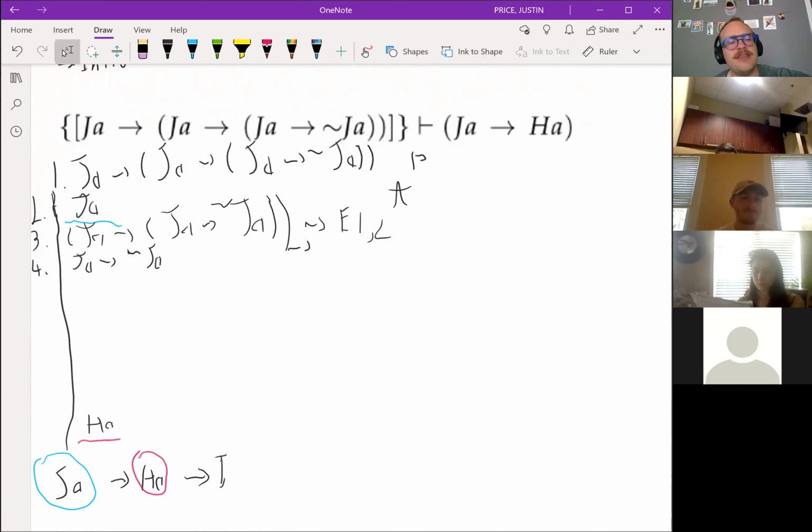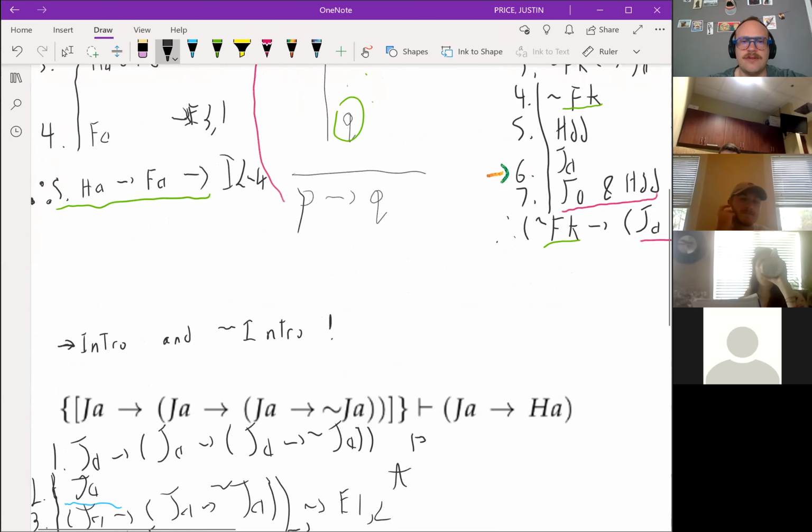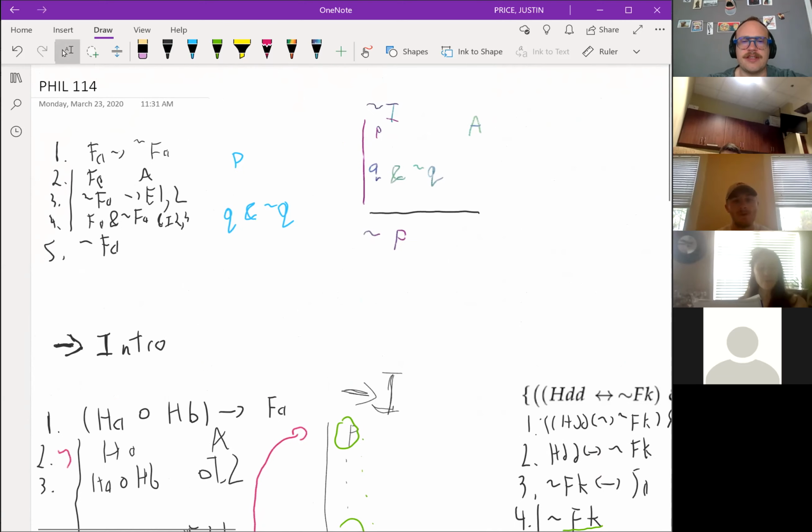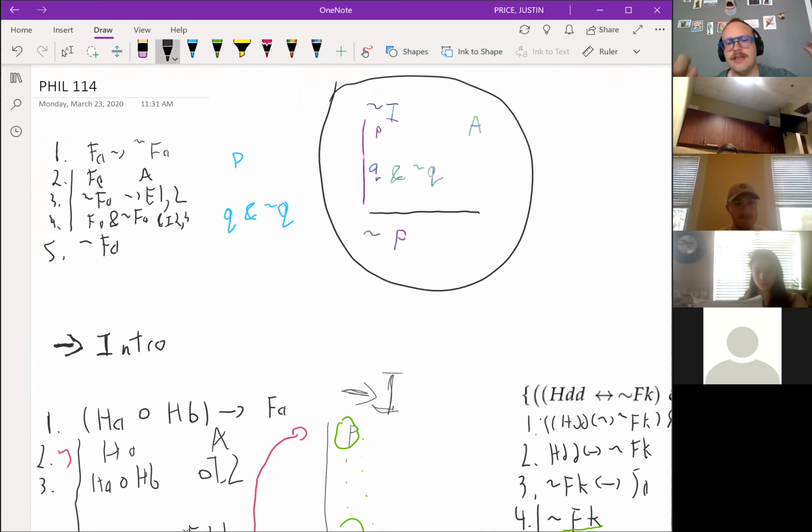One thing you should pay attention to is that now we have our negation introduction rule that looks like this. Anytime you can find a contradiction in a derivation, it means that you can solve that derivation. It's that powerful of a rule.